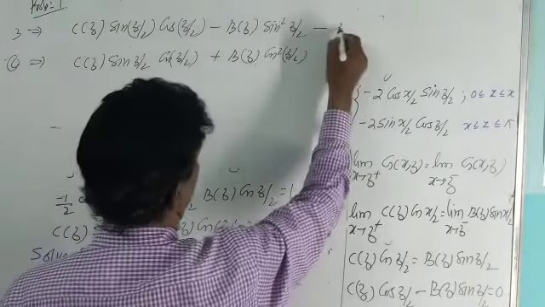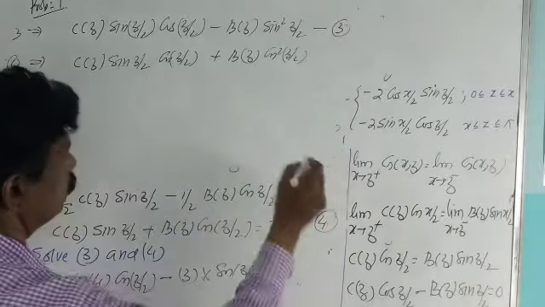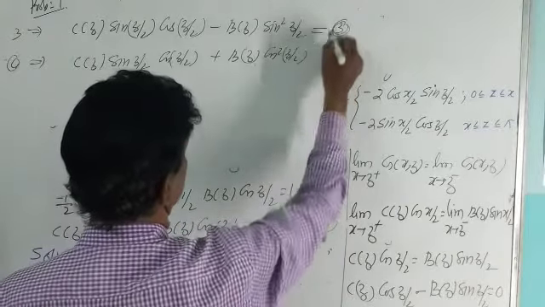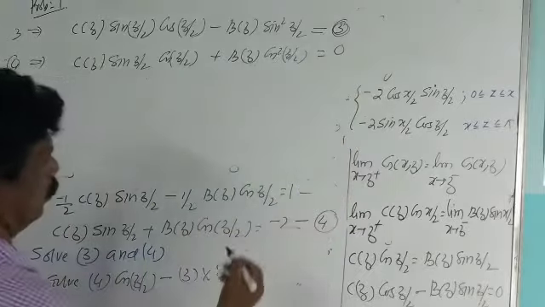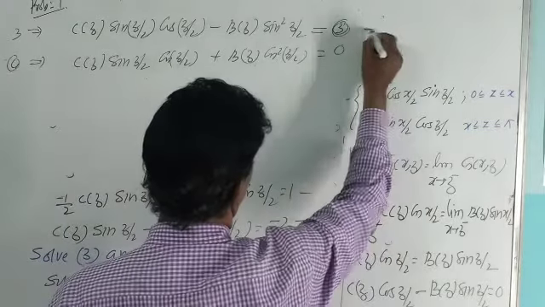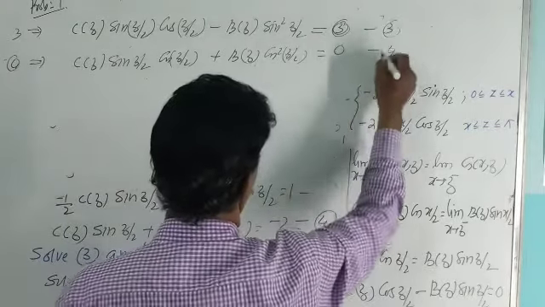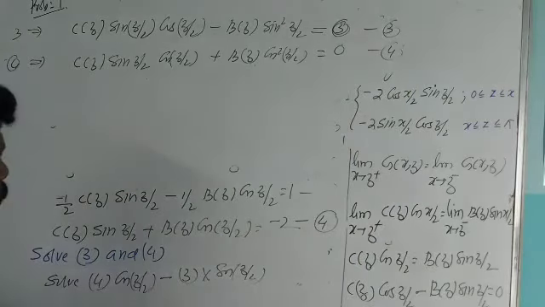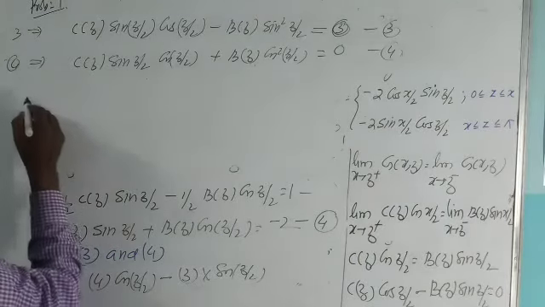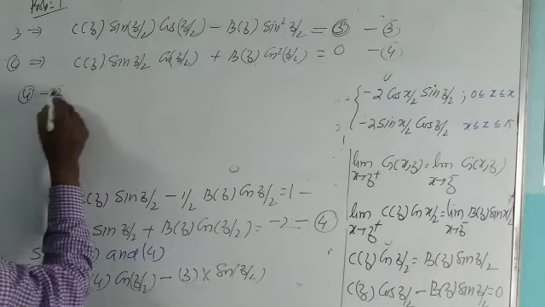This is equal to 0, and this is equal to 0. This is equation number 3 and equation number 4. Then equation number 4 minus equation number 3.